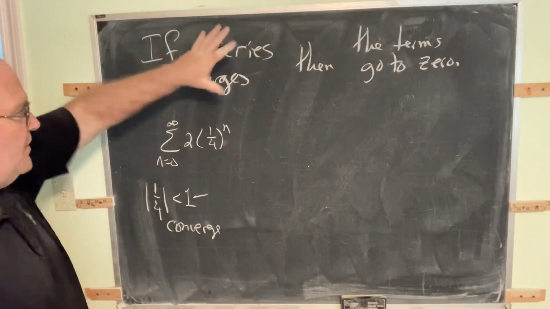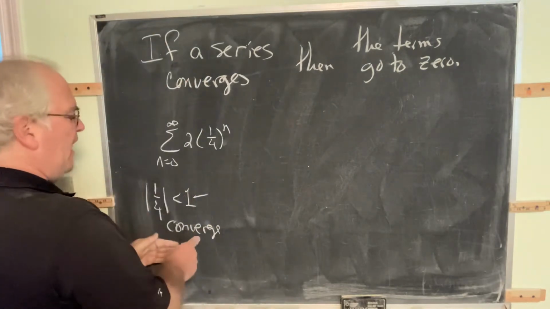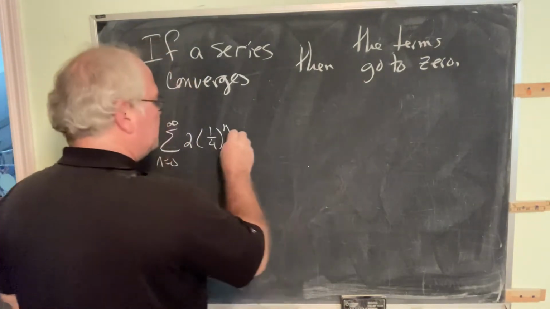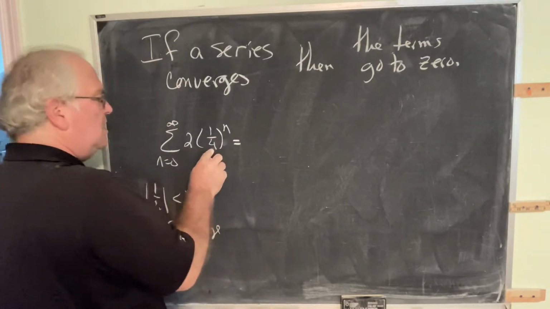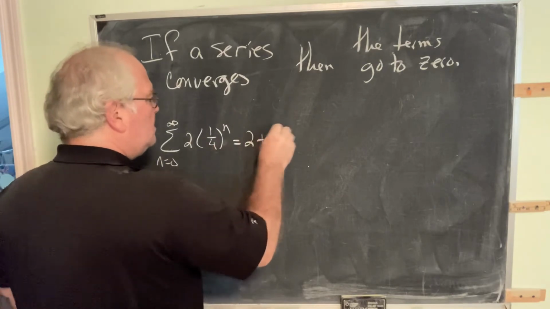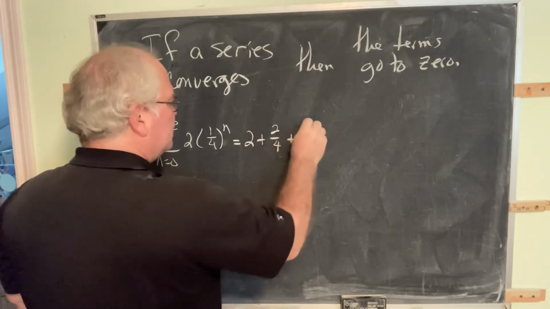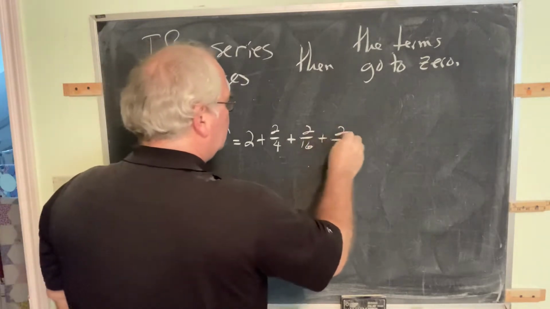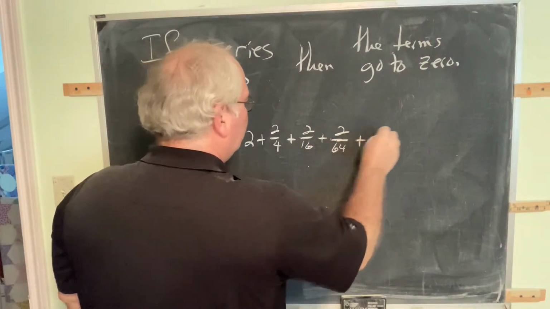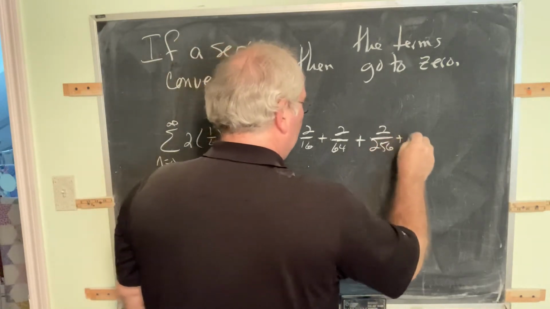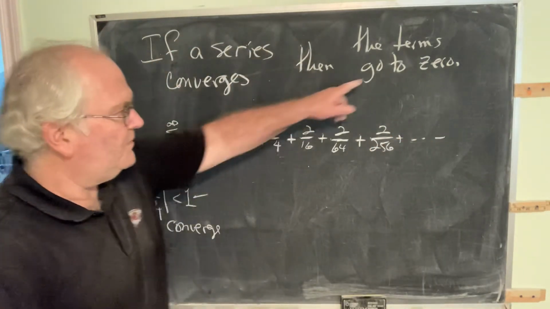What this theorem says is, if you have verified that it does converge, then what will be the case is the terms, if you expand this out, 2 plus 2/4 plus 2/16 plus 2/64 plus 2/256 plus, and so on, the terms go to 0.